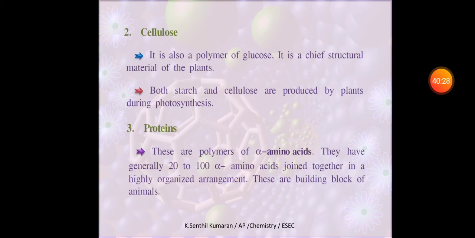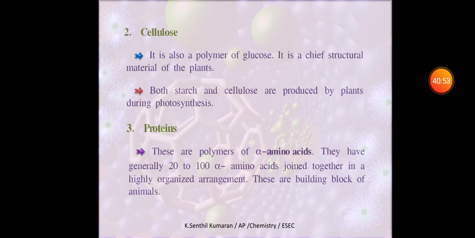Proteins are compounds formed by polypeptide linkage, the peptide bonds. Peptide bond means a carboxylic acid reacts with an amine to form a CONH bond. That is the peptide bond. So SCP: starch, cellulose and proteins are natural polymers.